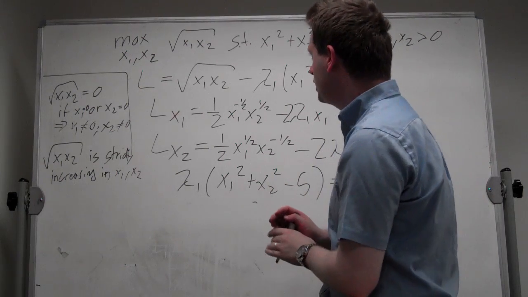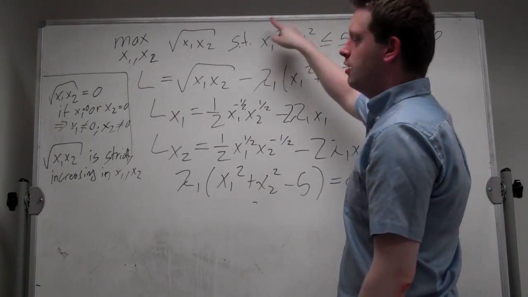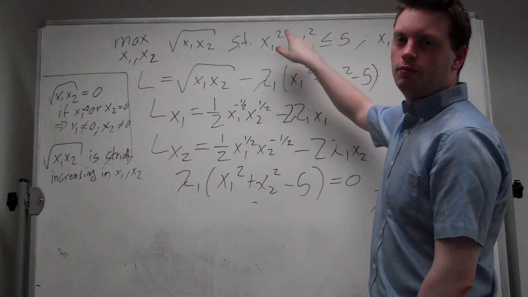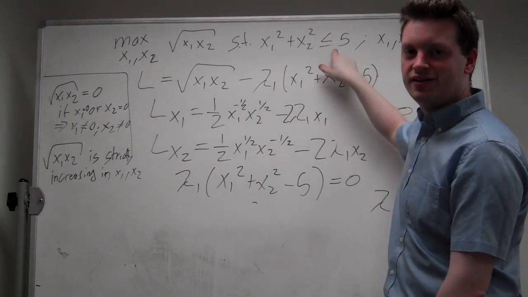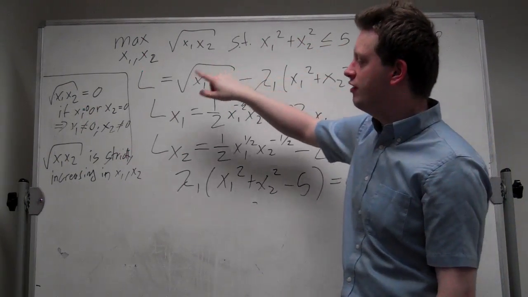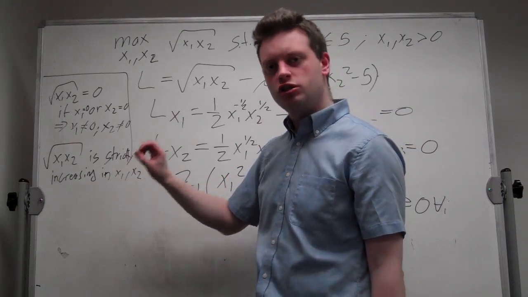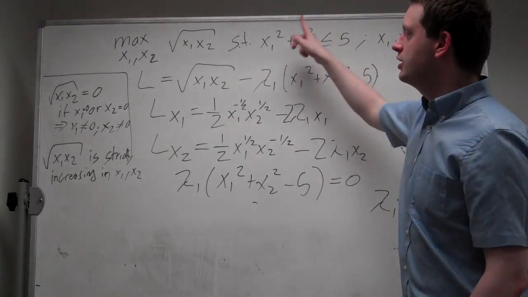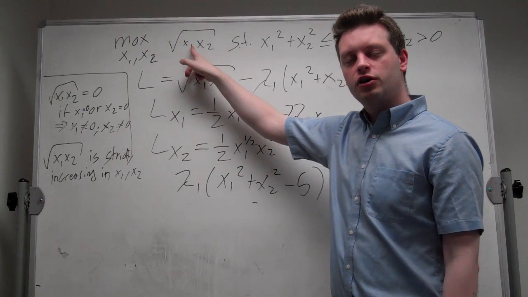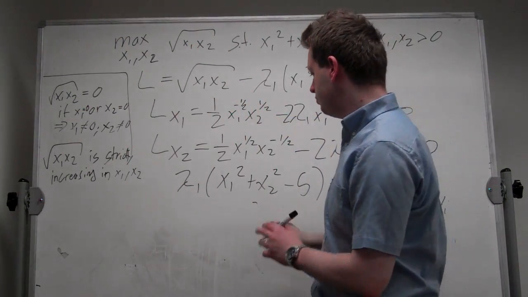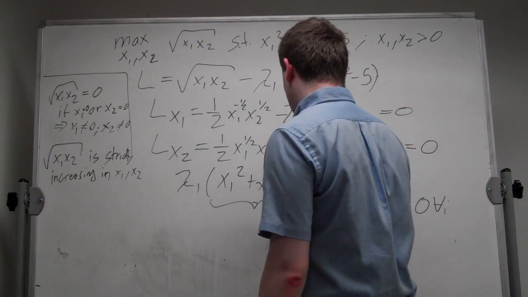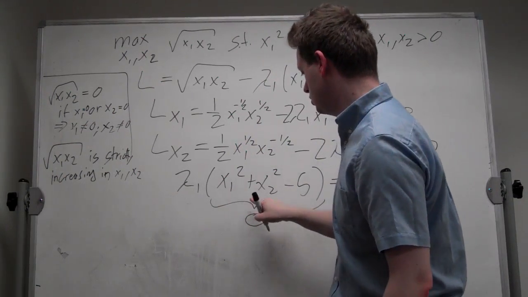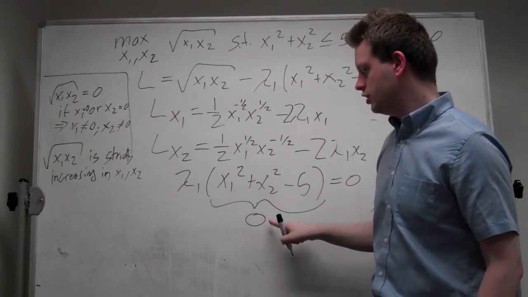The reason for it being, assume this constraint is not binding. So x1 squared plus x2 squared is less than 5. Now if it's less than 5, I can increase x1 or x2 just a little bit until this thing is binding and I have a higher function value. So this implies that this expression here is equal to 0.